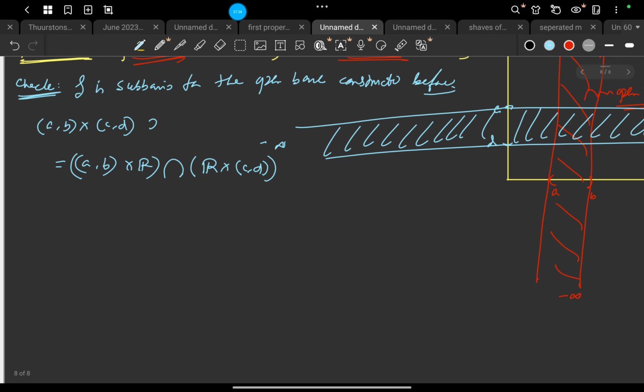So let us take any element (Z1, Z2) belonging to this. So Z1 belongs to (A, B) and Z2 belongs to (C, D). Z1 is in here, Z2 is here. So this particular set contains (Z1, Z2) and this one as well contains (Z1, Z2), because Z1 and Z2 are themselves real numbers. So there is nothing more to check. It's very trivial.